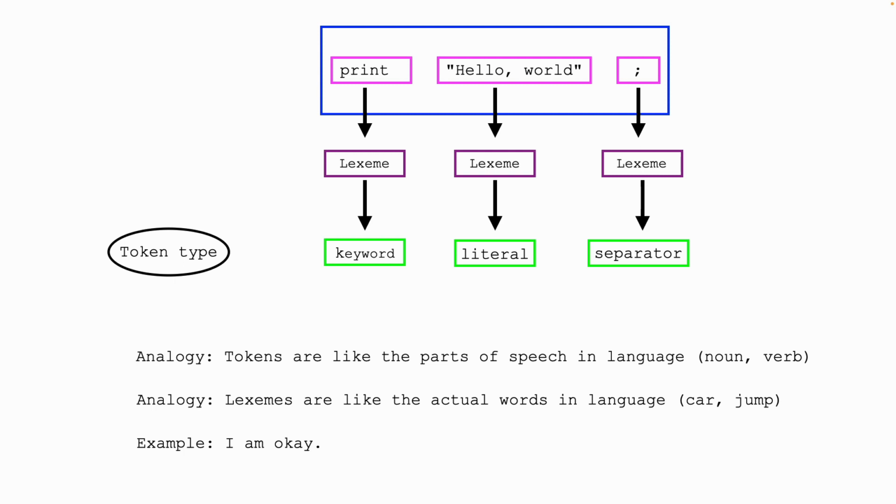If I now look at this sentence, I am okay, full stop, in my mind I have already separated that sentence into its different tokens. I, which is a pronoun, am, which is a verb, okay, which is an adjective, and of course, full stop, which tells me that's the end of the sentence.